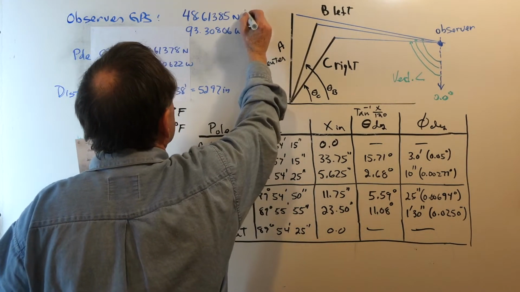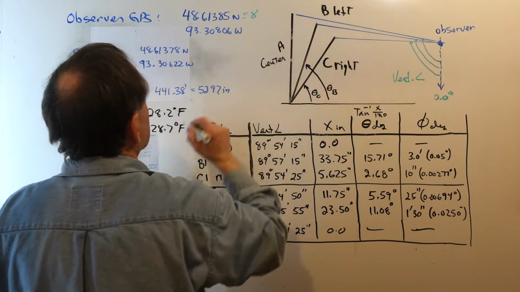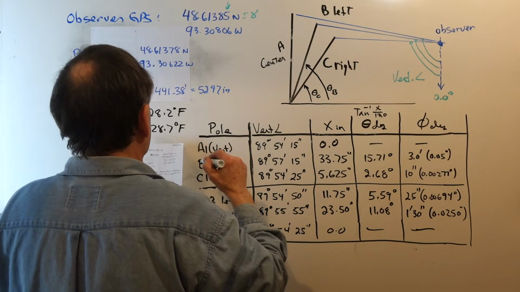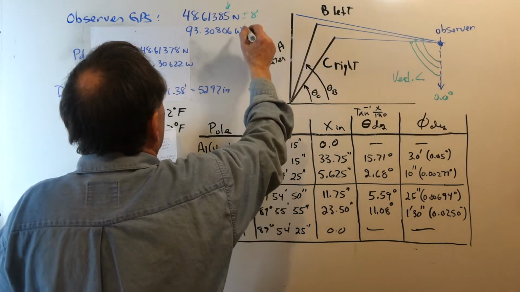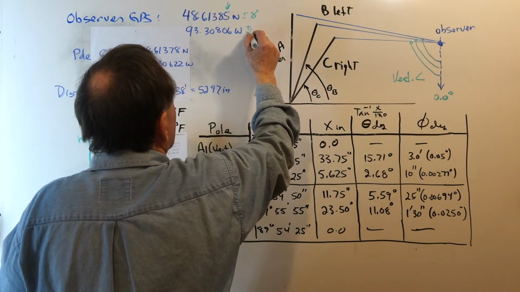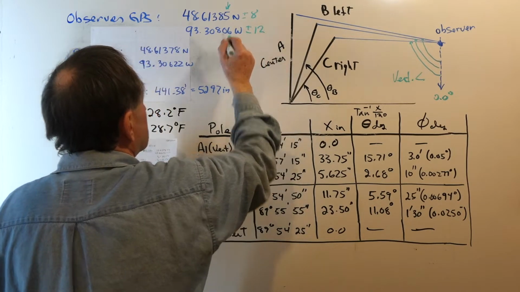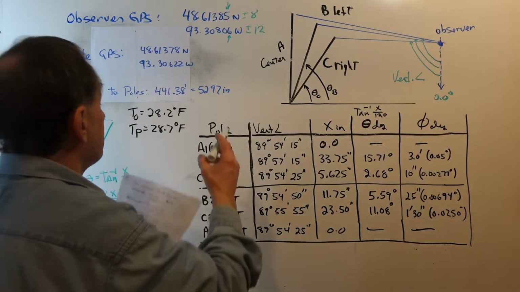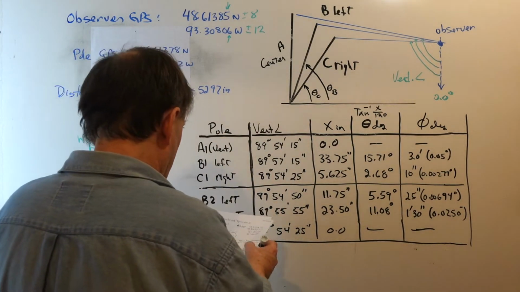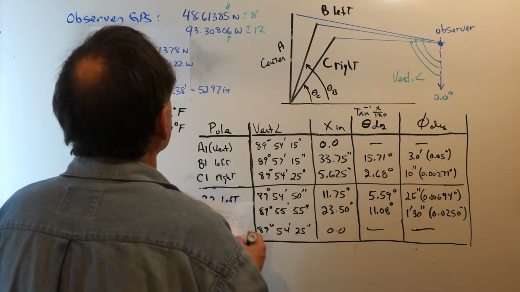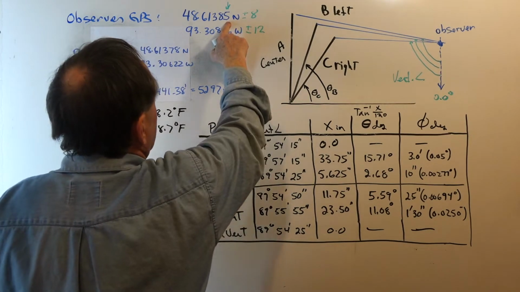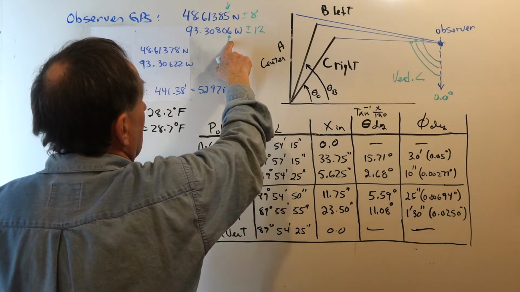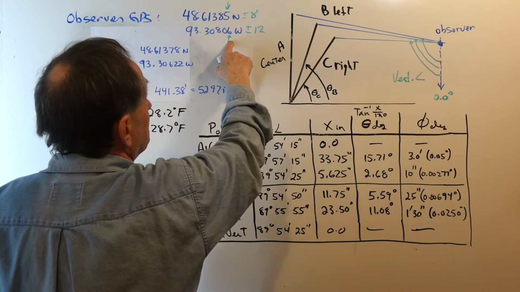Now, keep in mind that GPSs have a certain amount of uncertainty also, and with my GPS I've determined over the years that this is plus or minus 8 counts on the last digit of the latitude, and plus or minus 12 counts on the last digit of the longitude. In the latitude measurement, each count on the last digit represents about 3 feet, and on the longitude it's about 2.4 feet.